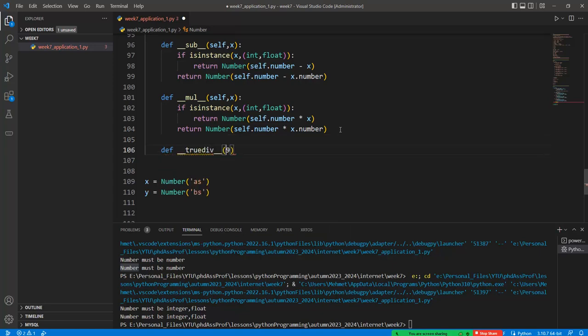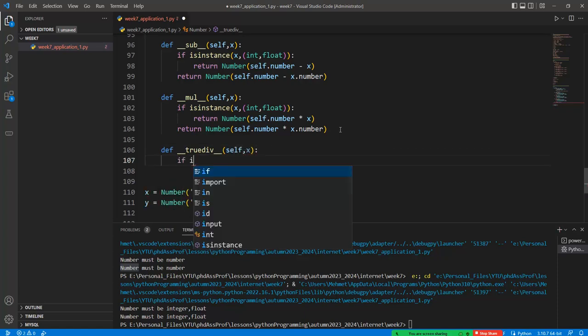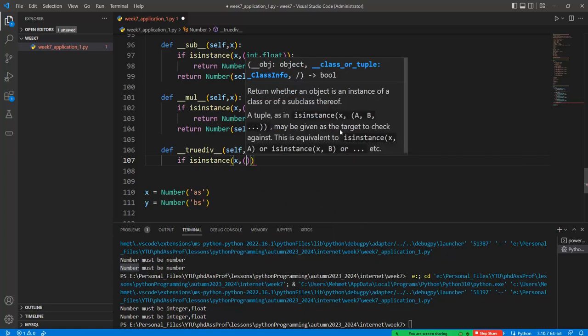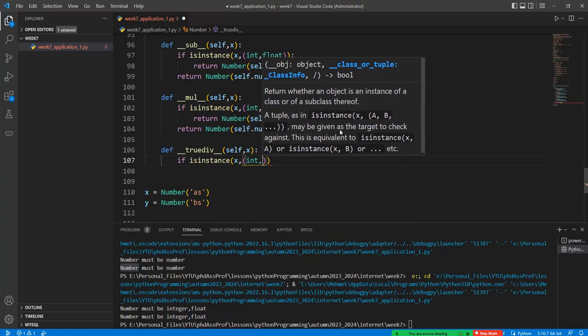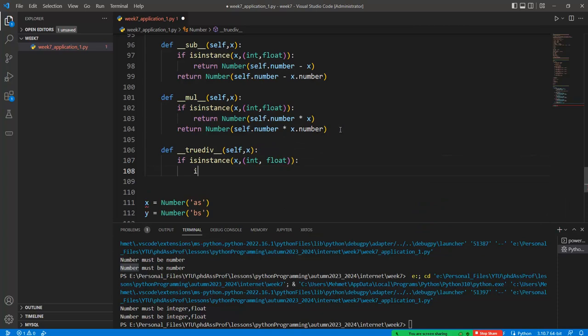true division operator with self and x values, and if isinstance x is an integer or float value here, and also x must not be equal to zero, because this is division by zero.